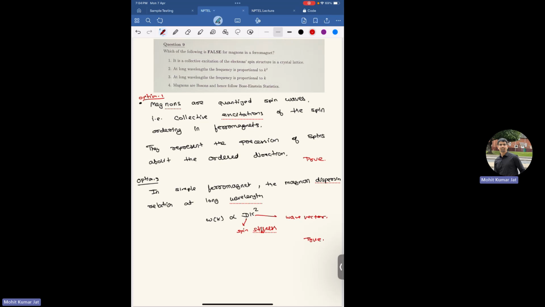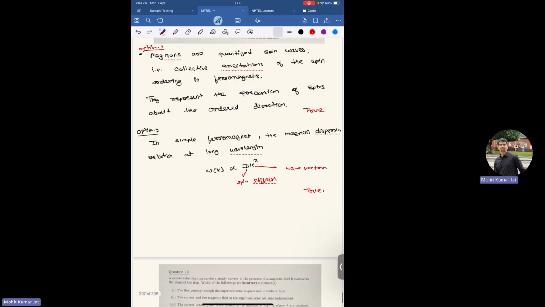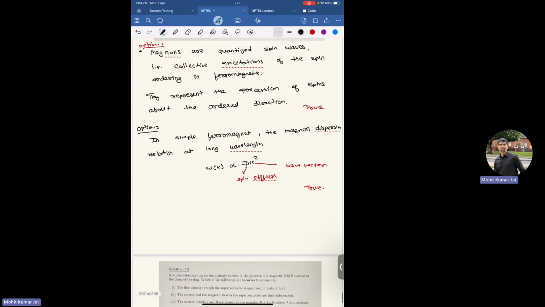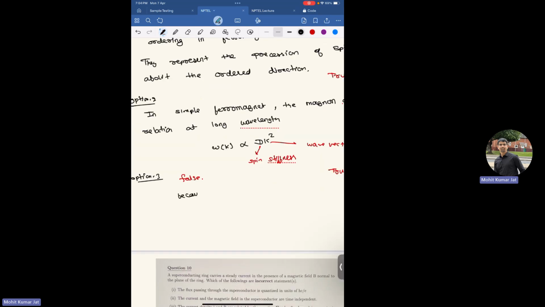At long wavelength, the frequency is proportional to k. So if this is true, then option 3 automatically gets false, because it goes as omega k proportional to k square, not k.